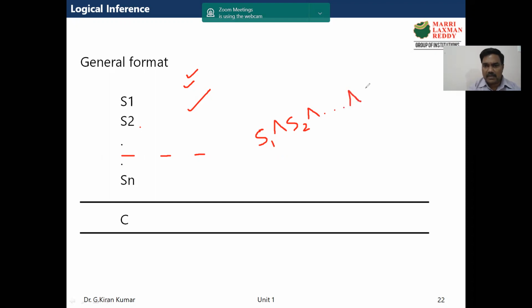Let us say n statements are given. Whole implies whatever conclusion we have. So this is how we write the tautological form: first statement and second statement and so on, last statement, whole implies conclusion.